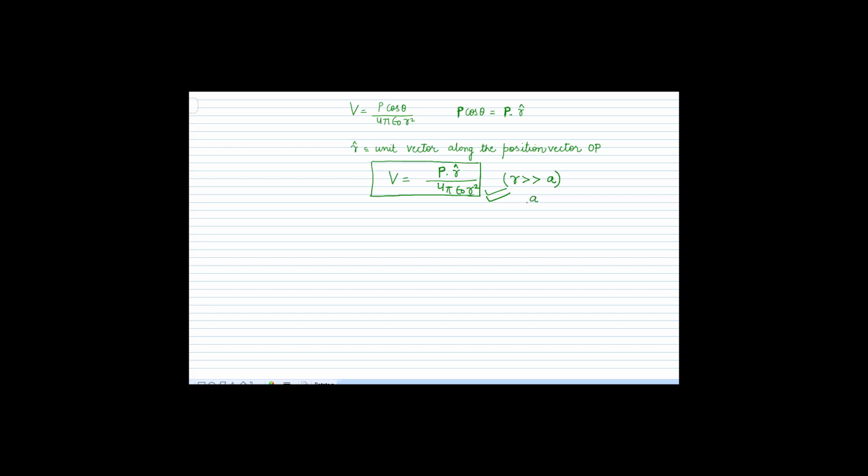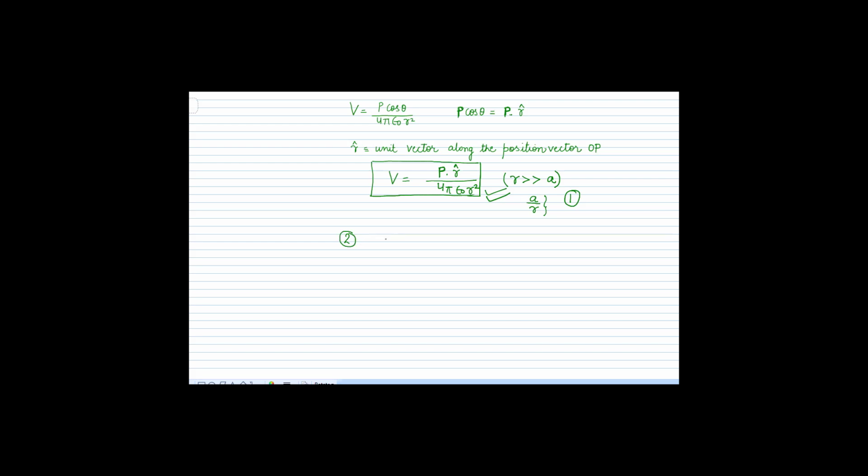We can only do this if we impose this condition, and we get this equation. This is the first conclusion, that our dipole should be very small compared to the distance between the point we are calculating and the center of the dipole. That means r is very much greater than a.